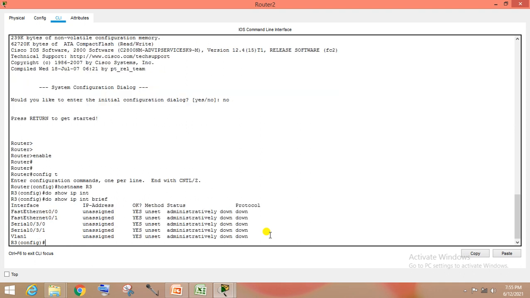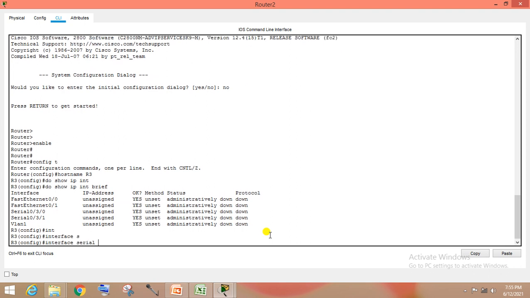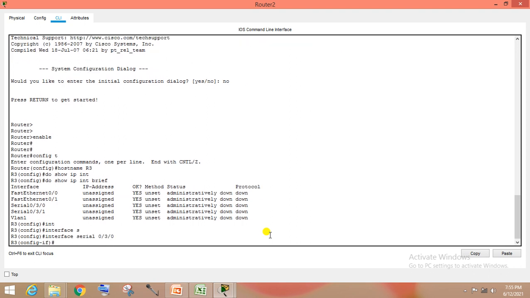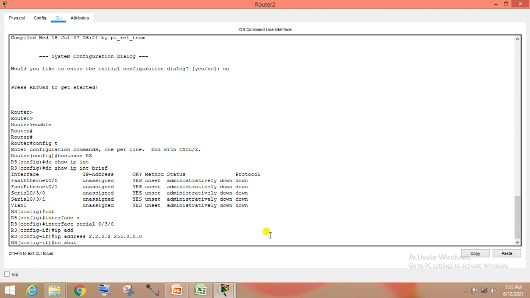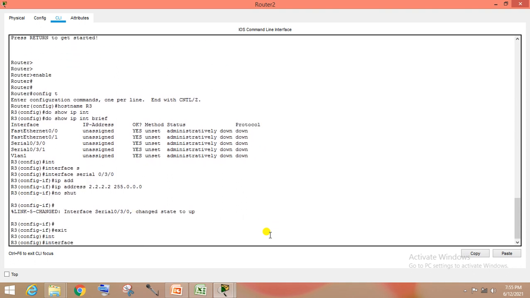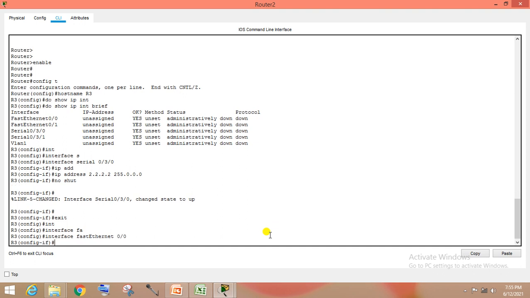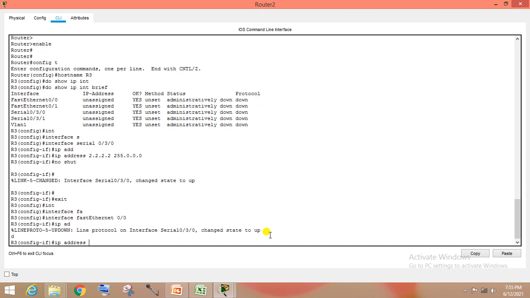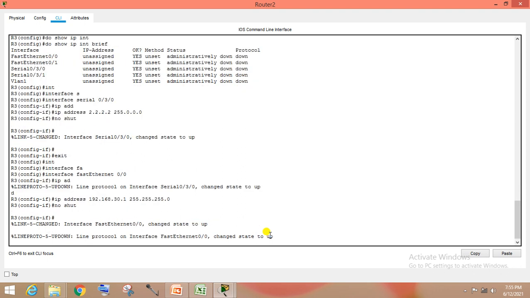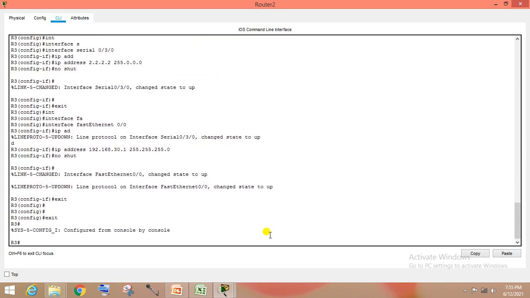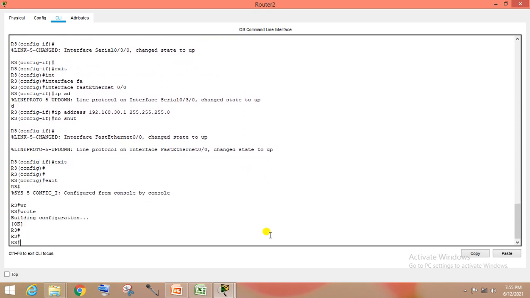Okay, first go to the LAN interface. Now go to the other LAN interface, and set the configuration.